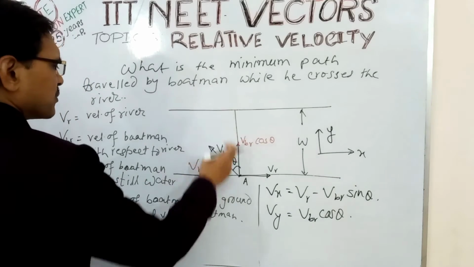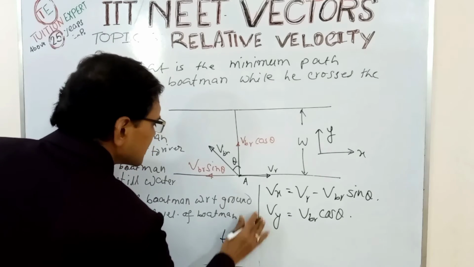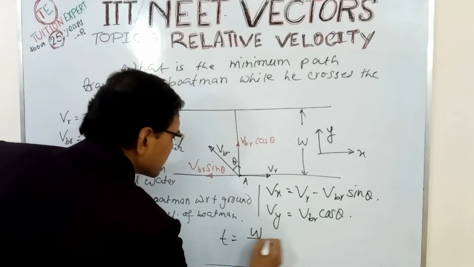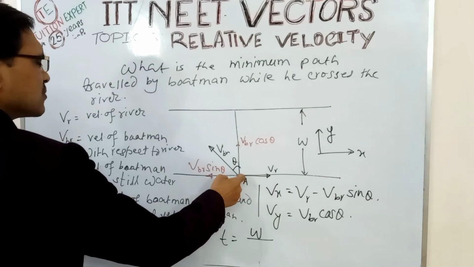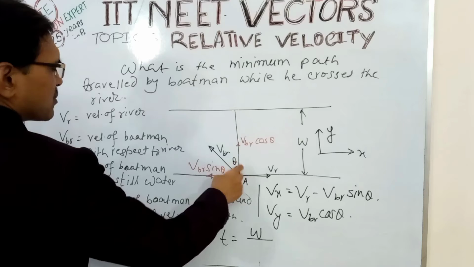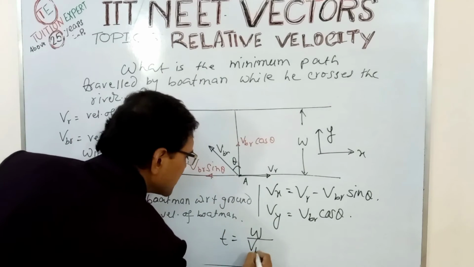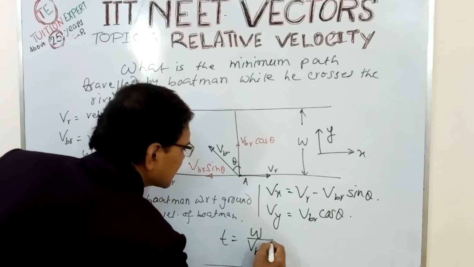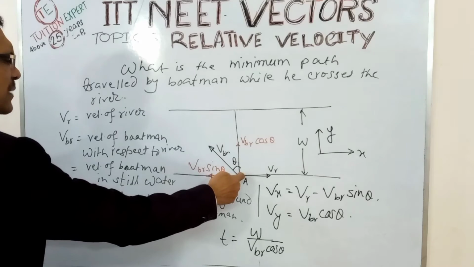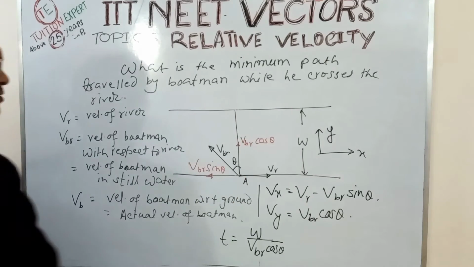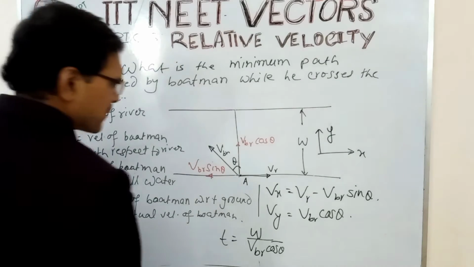If the distance is w, then we can calculate the time, which is distance by velocity. Distance we take along this direction, so we have to take the velocity along this direction. That velocity is VBR cos theta. So time taken equals distance by velocity. This is the time taken.